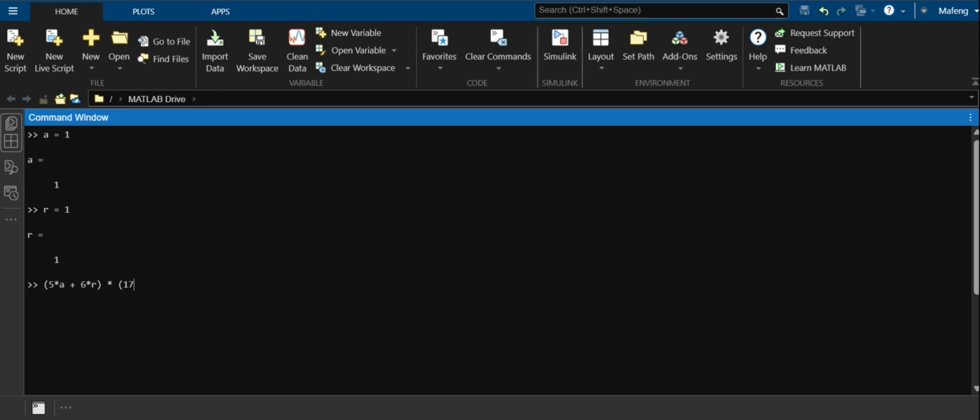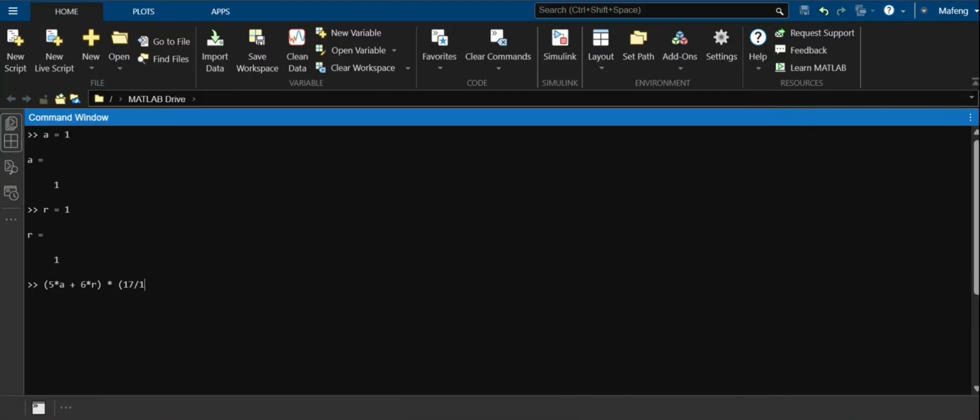17 divided by 13r. So how would we write 13r? It has to be 13 times r in parentheses, then plus 27 times a divided by 38 times r.